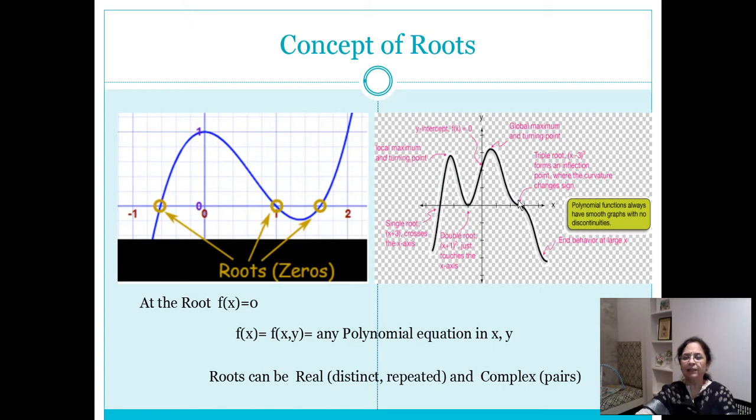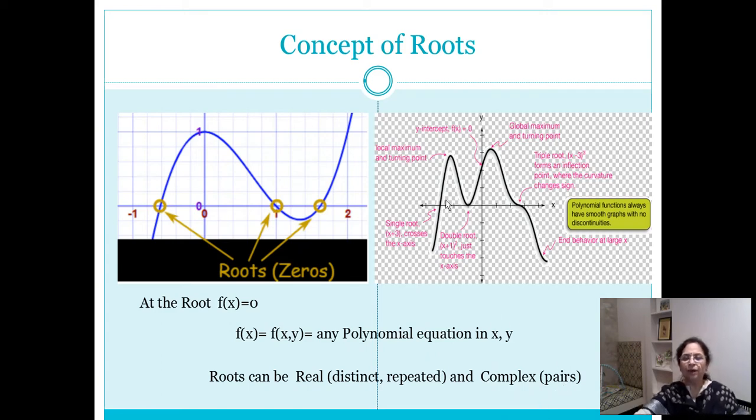So there are multiple roots present here, and the roots can be real. In real roots, they may be distinct roots, positive and negative roots, and they may also be repeated roots. The other type is called complex roots. Most of the complex roots, we are aware, are obtained in pairs, which we call complex conjugates.